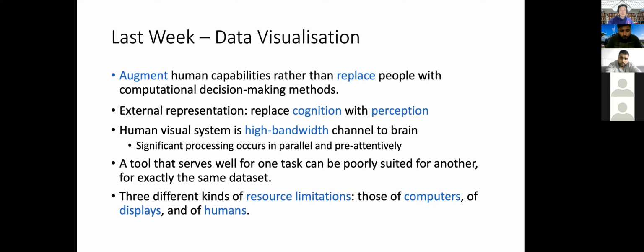And finally, there are the limitations of humans. If you give us too much information, we'll be easily overwhelmed and will not be able to make sense of what's being presented. This is usually the most limiting factor, in the sense that we might only be able to see a few hundred or maybe up to 1,000 items.